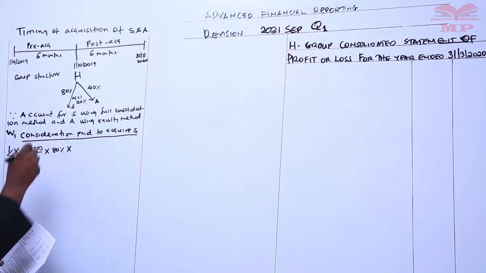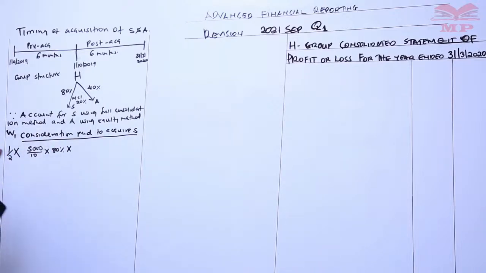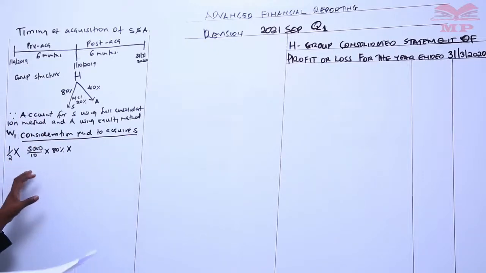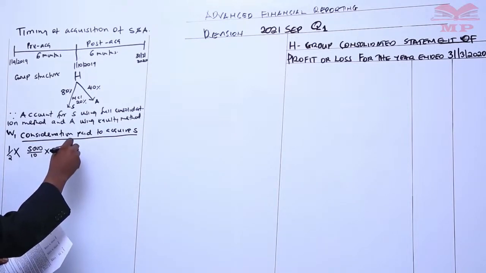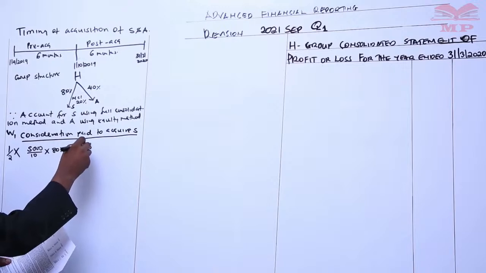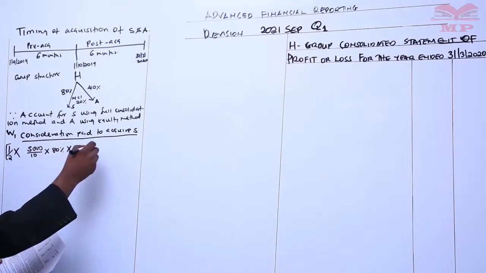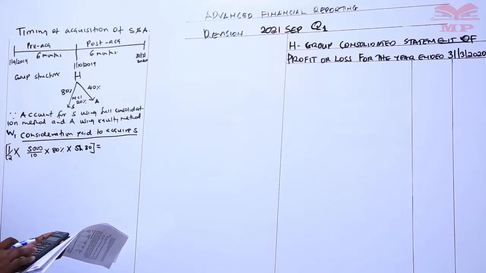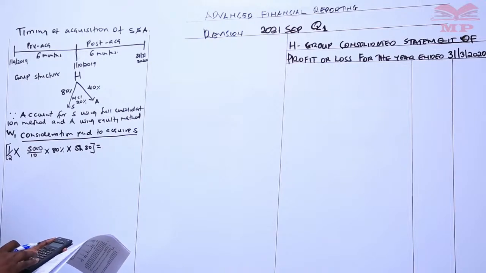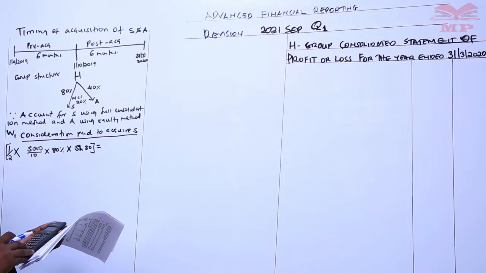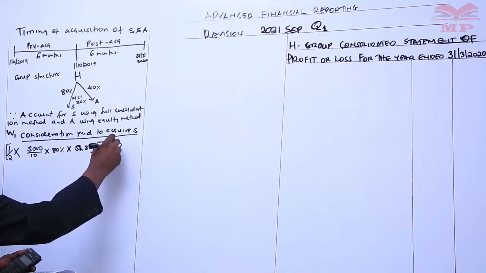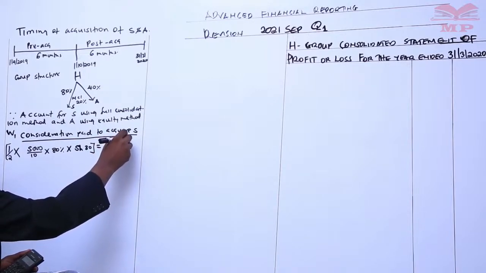And then at what price do we value them? We value this consideration using the price of H, because H is the one paying to acquire S. So at 30 shillings, what do you get? That is 5 million divided by 10 times 0.8 times 30 times 0.5. You get 6 shillings in millions.